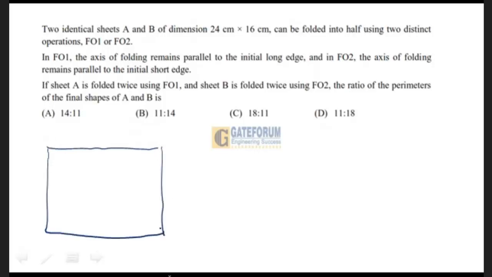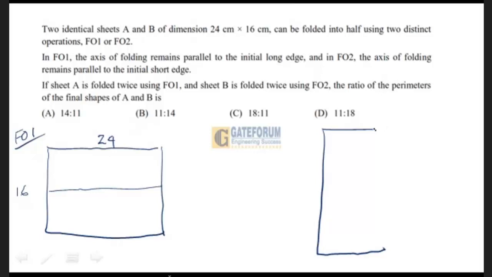If this is the rectangular sheet of paper, then folding 1 will be along this. Okay, so this is 24 and this is 16. Okay, so this is FO1 and FO2, the axis of folding remains parallel to the initial small edge. So FO2 would be somewhat like this.